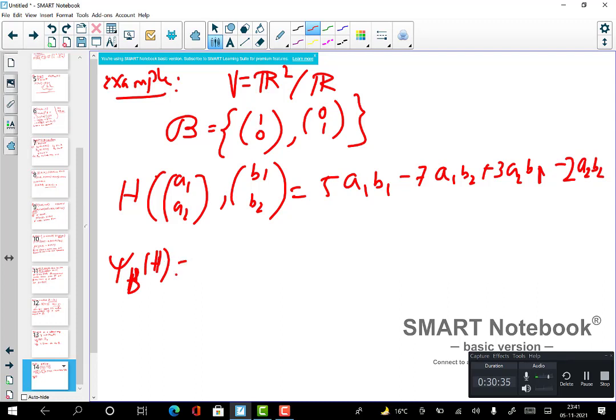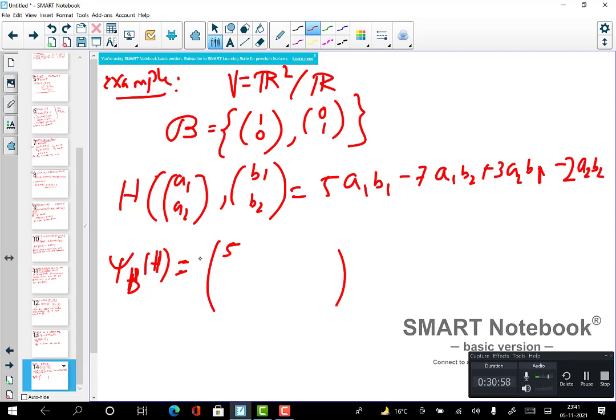So this is what this is. You have to find out the ith row, jth column. For the first vector 1 1, you can easily find out that a1 equals 1 and a2 equals 0, b1 equals 0. So it will serve only when a1 and b1 are there, and the first one will be 5.